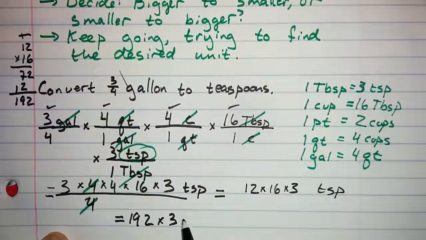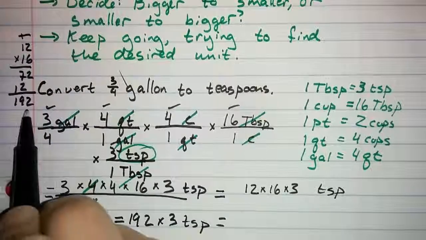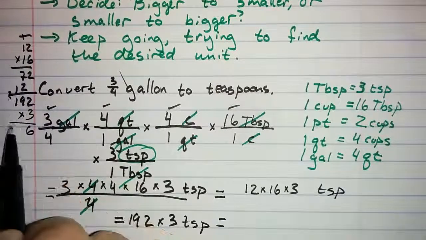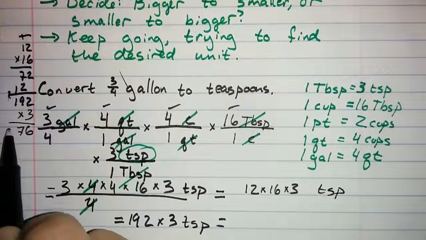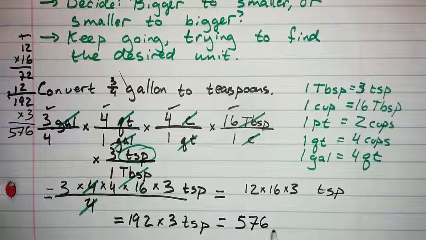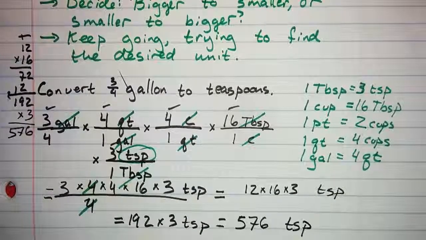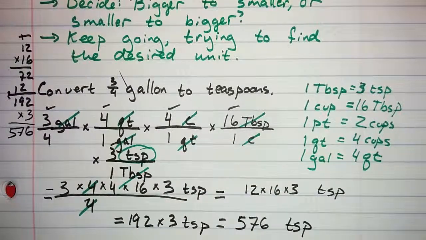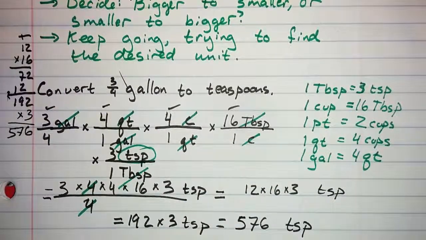Can't forget the 3. So that's going to be 576 teaspoons. 3/4 of a gallon is 576 teaspoons.